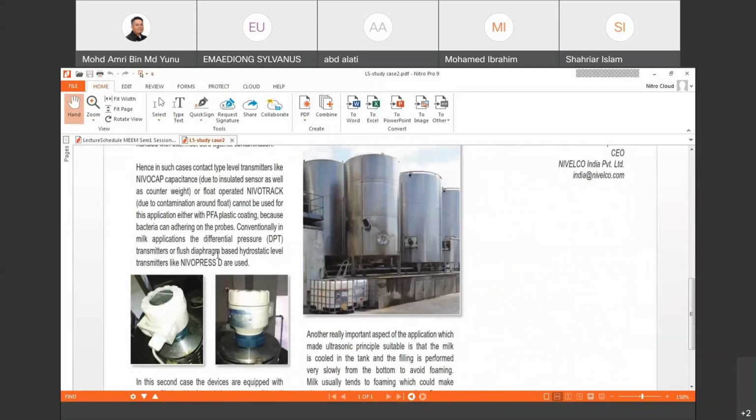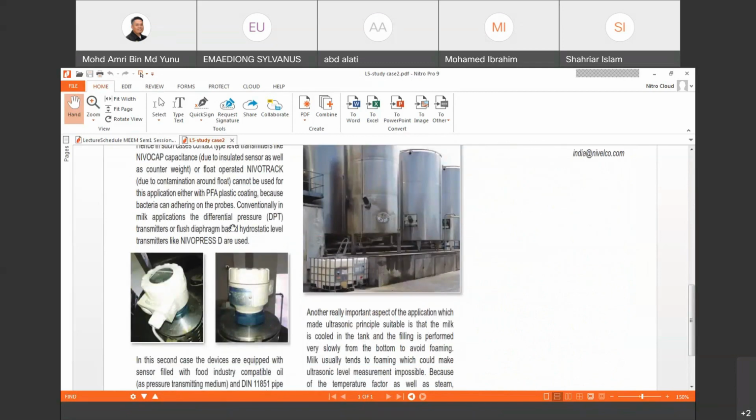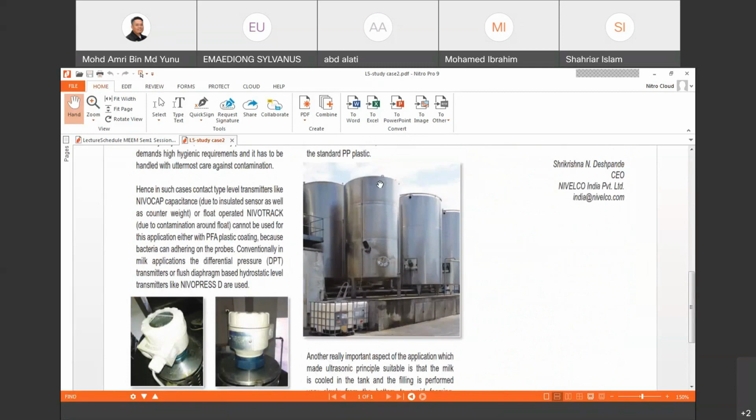The sensor is placed on top of the vessel and estimates the height based on the reflection of the acoustic signal from the transmitter to the surface of the milk and back to the receiver.